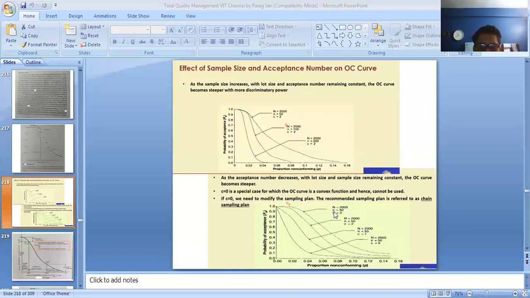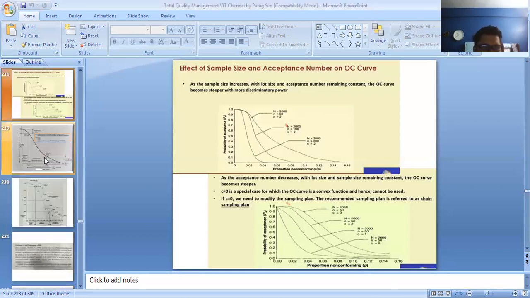And the cutoff number or the acceptance number, you are decreasing. As you decrease it, the curve is becoming steeper. So this is the effect of sample size and acceptance number on the OC curve that we can see. Okay.